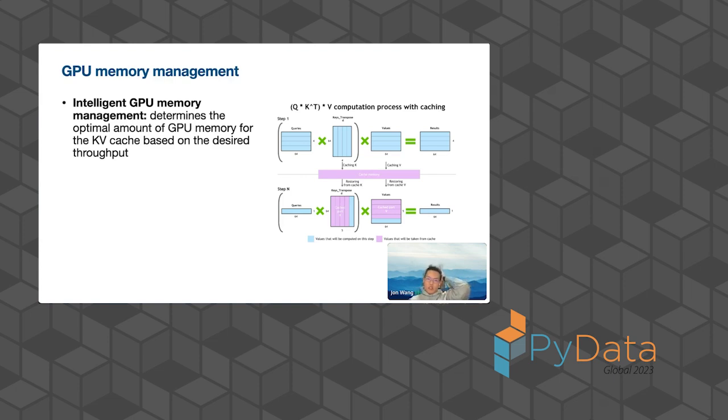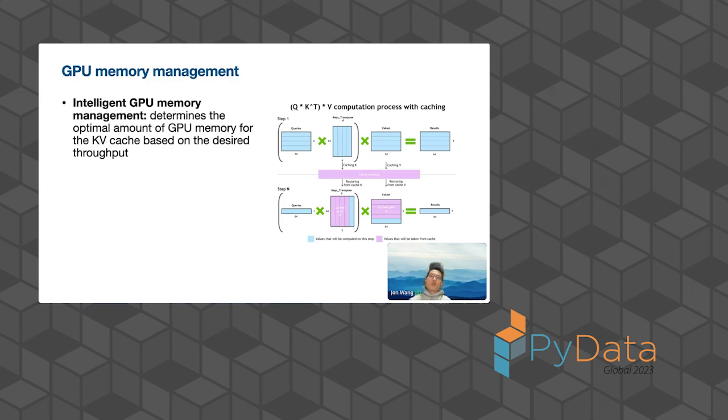The issue actually is that when the sequence gets longer, the amount of GPU memory for KV cache should increase. So if you are using Transformers without any GPU memory management, it's very likely that when you are working with a long sequence, there will be an out of memory error, and you will not get what you want.